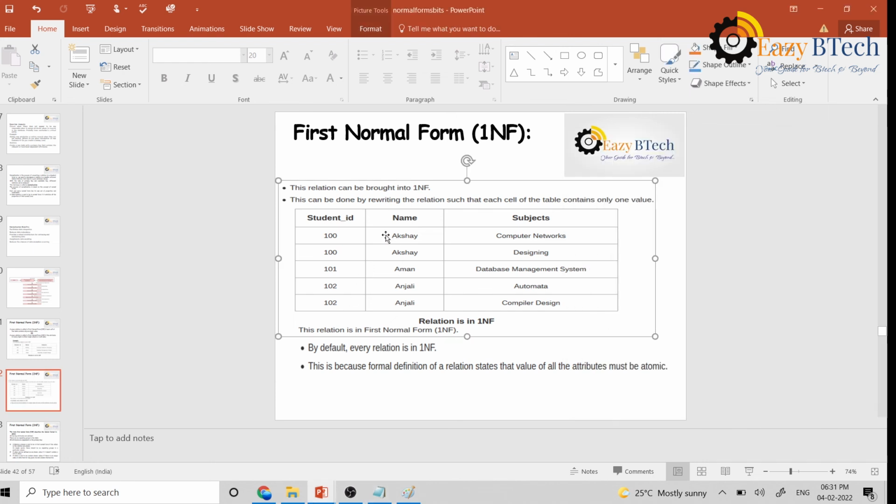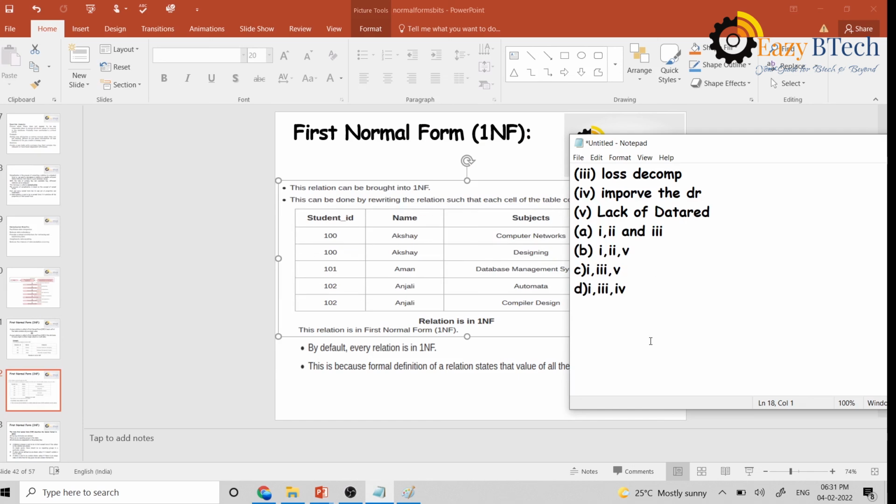How to convert this relationship into first normal form? They give 2 entities like this: student with attributes student ID, student name, and another, course, with student ID, subjects.